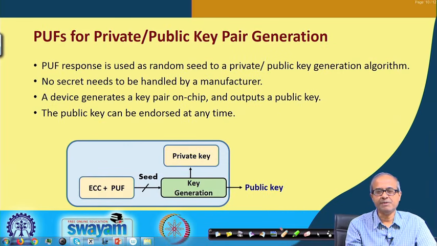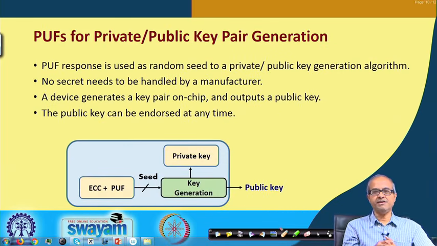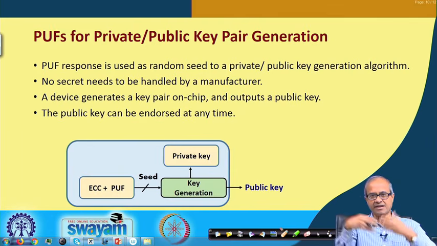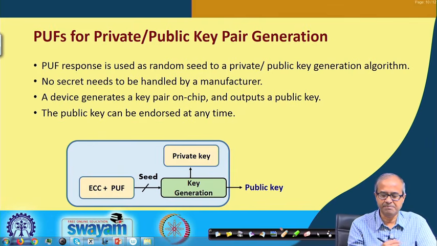There is another important application in public key cryptography. You can use PUF to generate public and private keys on chip. You need not rely on a trusted third party to generate the public private key pair and deliver it to you through some mechanism. You can do it on chip. The idea is like this.